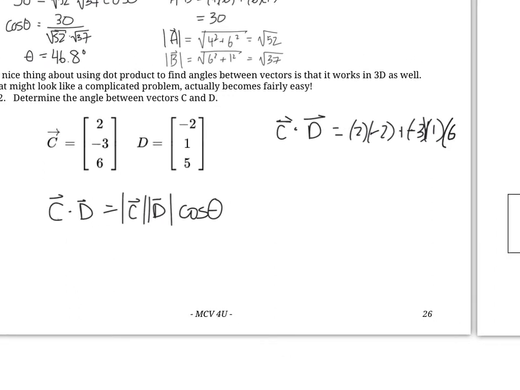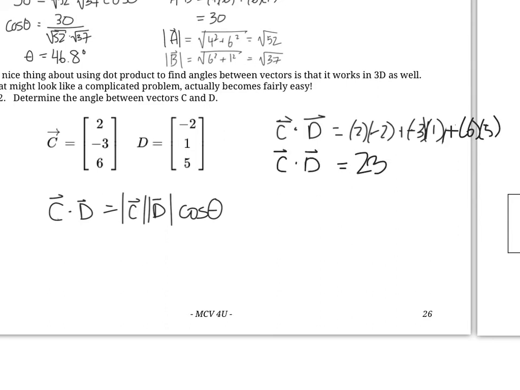I'm writing very small because I'm running out of space here. If we do that calculation, those negatives take away, so we end up with 23 as C dot D.